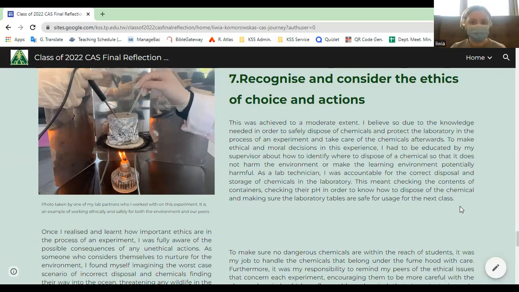You had to recognize and consider the ethics of choosing, for example, let's say an accident will happen. Should I help the student first or should I take care of the experiment first? You have to make those kinds of decisions as a lab technician. So I think this was achieved through this experience.